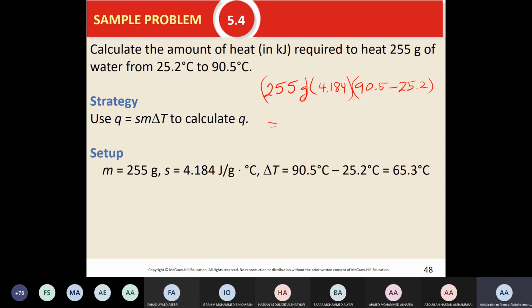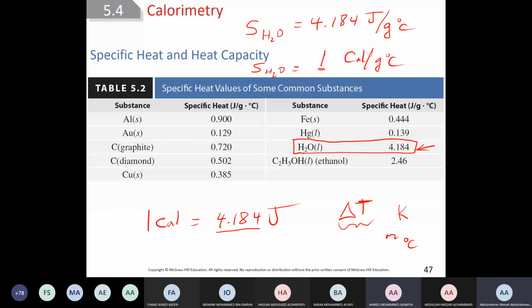It should be gram, because the unit of specific heat is per gram, and the temperature difference is in degree C. Can we have the temperature in Fahrenheit?